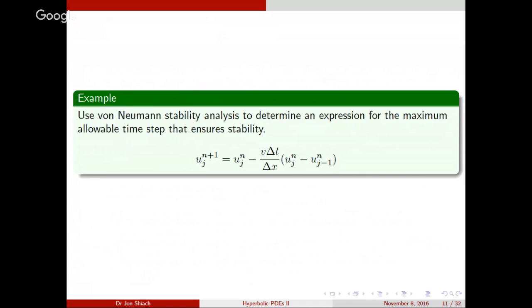So I've got e to the at, multiplied by e to the delta t, multiplied by e to the ikx. 1 minus c, e to the at is all the same. e to the ikx, e to the minus ik delta x. Straightforward laws of exponents, nothing special about that.